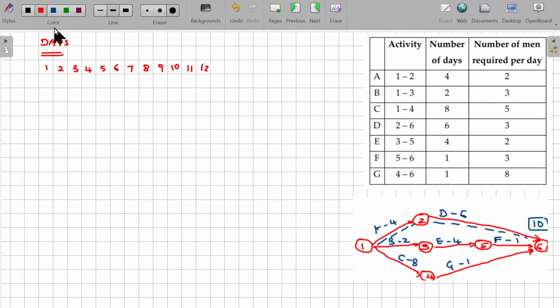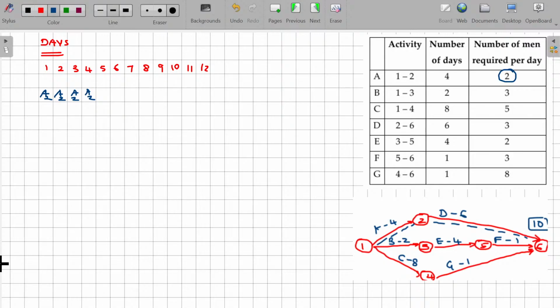Now try to draw the paths. In case of A, we need to complete A in 4 days. This is A, 1 to 2. For A, we need 2 employees.